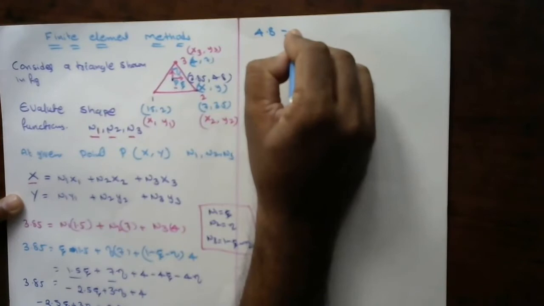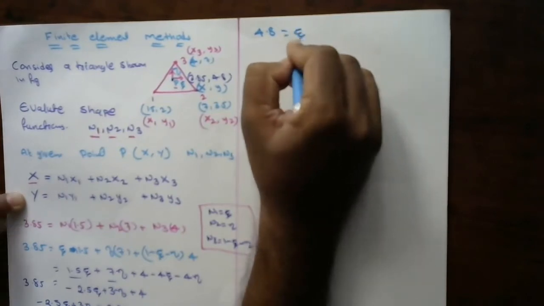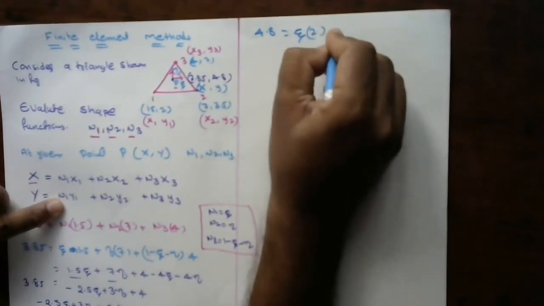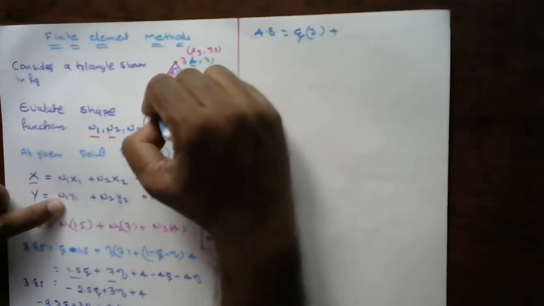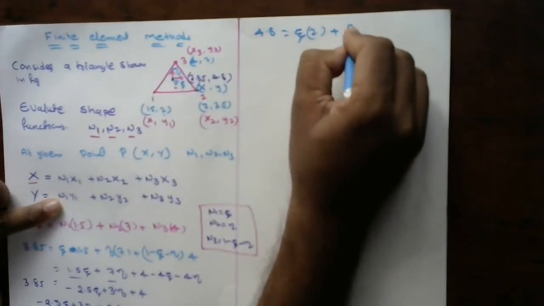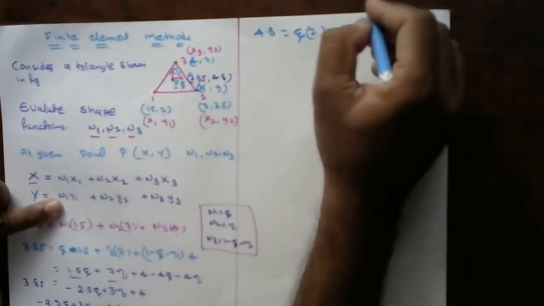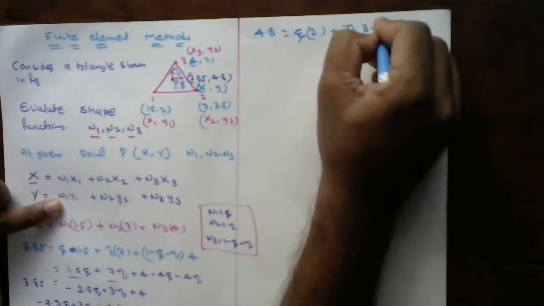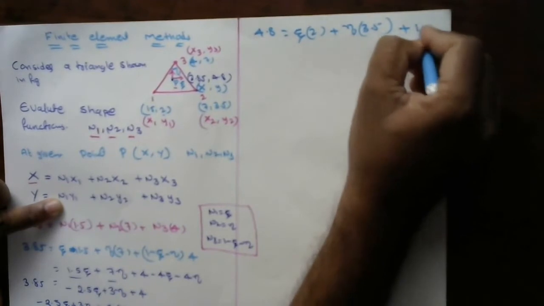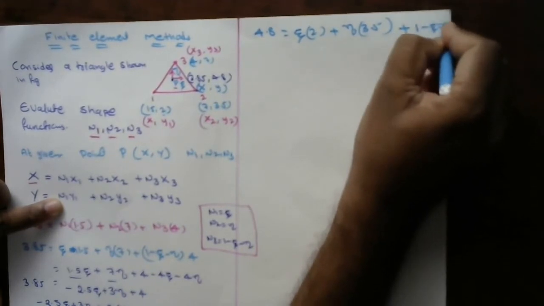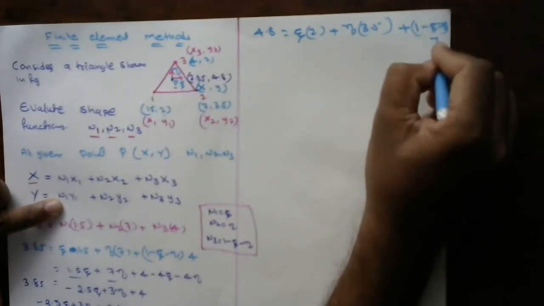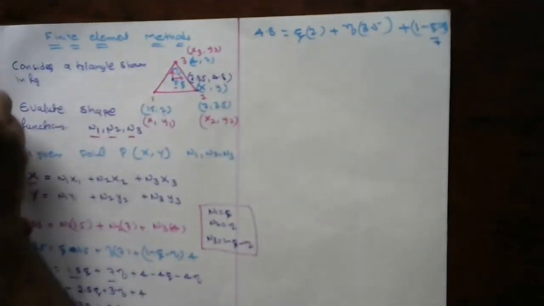So N1 can be written as zeta into y1, the y1 value is equal to 2, because at given node of point 1, the y1 is 2. Similarly, plus N2 can be written as eta, and y2 is given in the problem as 3.5, and plus N3 can be written as 1 minus zeta minus eta times y3, and y3 is equal to 7.